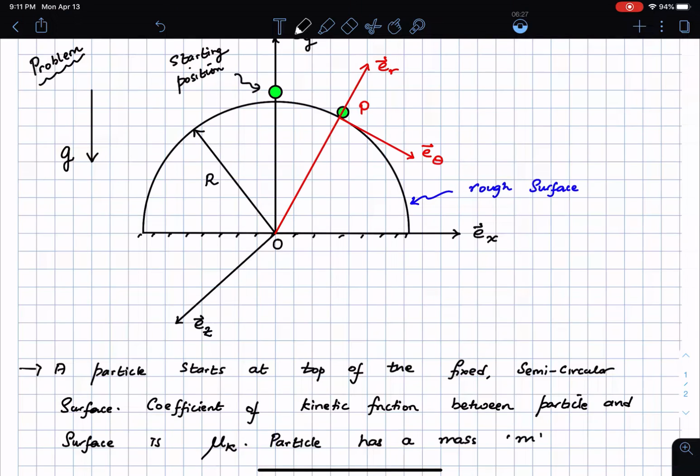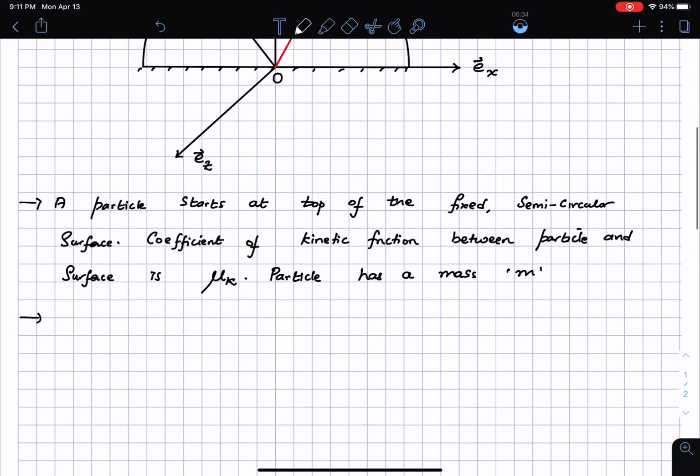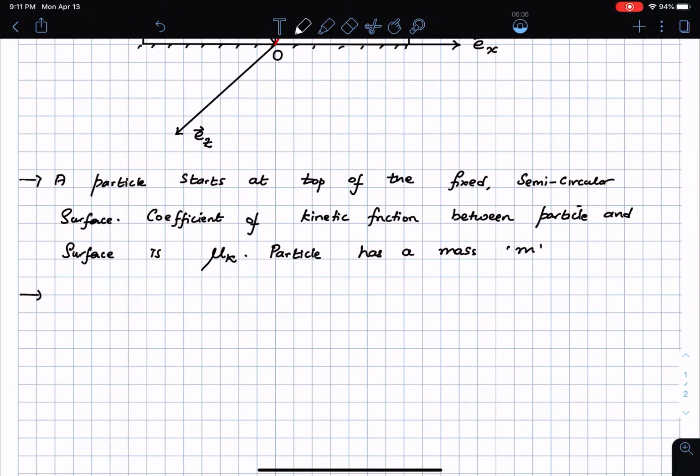Of course, you can also have this problem on a horizontal plane, but there is not much going on there. All right, so what are the things that we are supposed to do? Obtain the equation of motion for the particle.